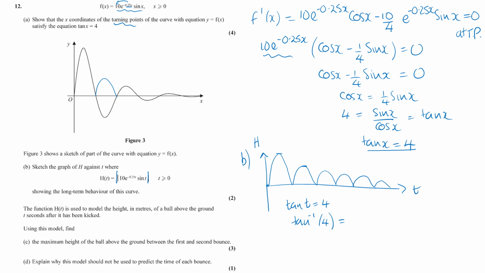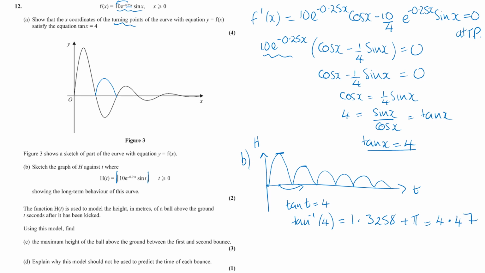So inverse tan of 4, now you must be in radians, is going to equal 1.3258. Now that will be the first maximum here when we've got the first bounce, but you need to add 180 on, so plus pi for the second bounce, and that will give us 4.47.